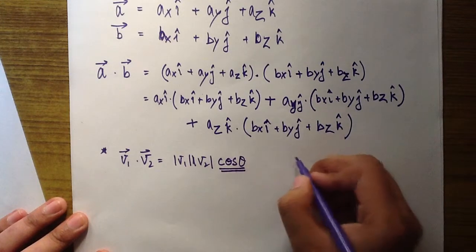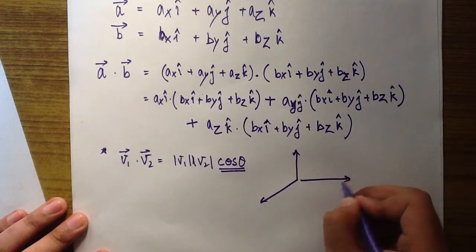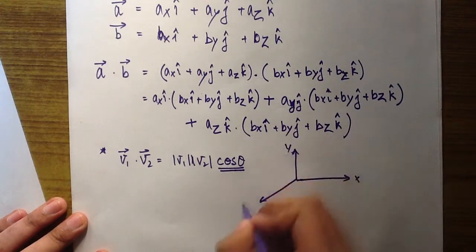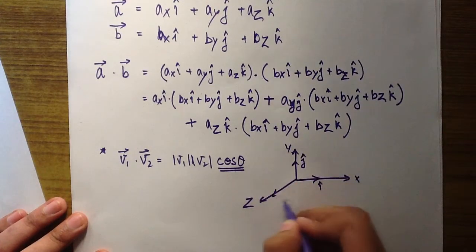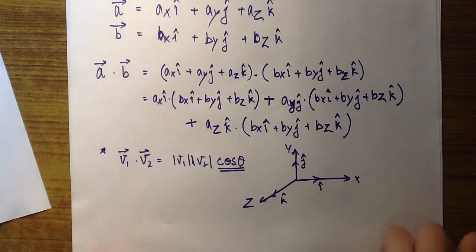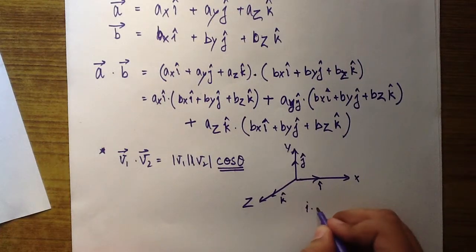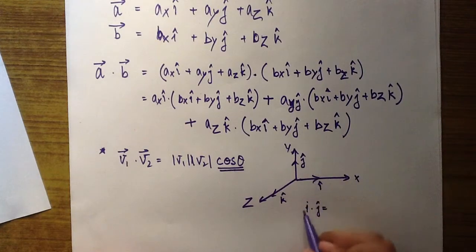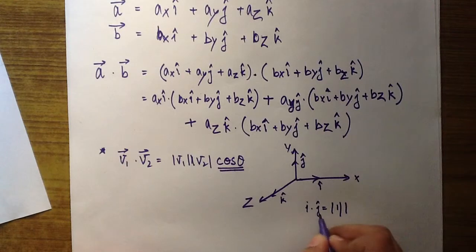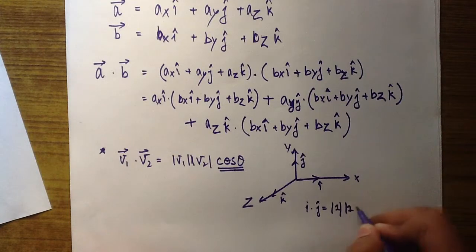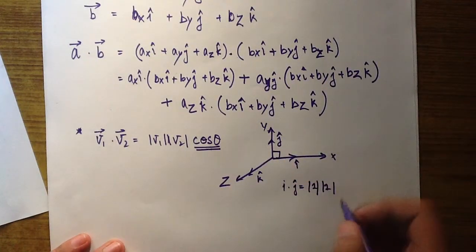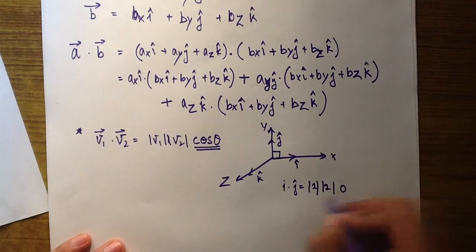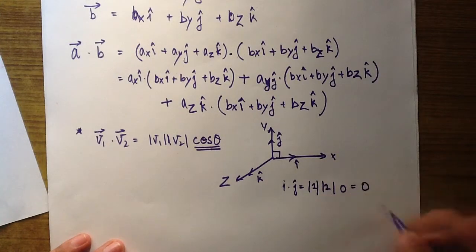So when we have our x, y and z axes, with i cap oriented along x, j cap along y and k cap along z, i dot j must be equal to the magnitude of i, that is 1, multiplied by the magnitude of j, which is again 1, multiplied by the cosine of the angle between them. Now the cosine of this angle is cosine of 90, which is actually 0. Hence i dot j is in fact 0.